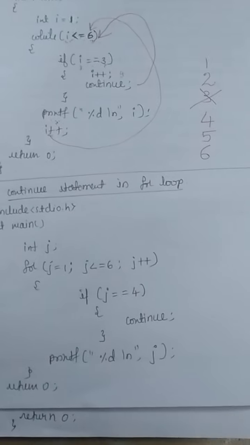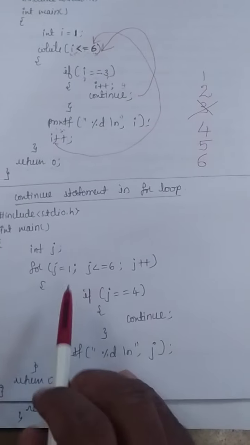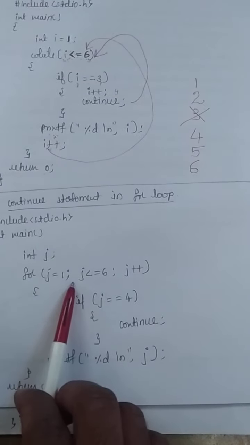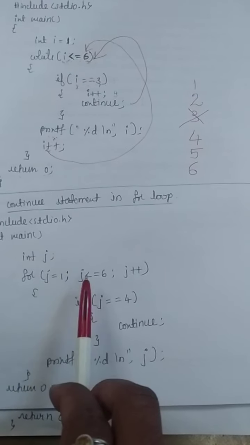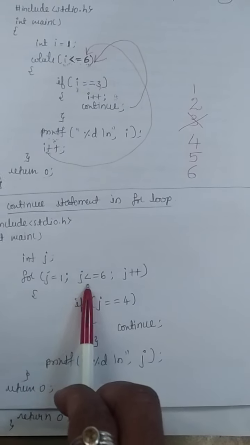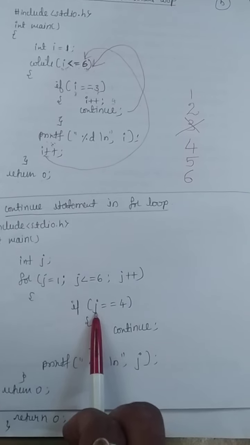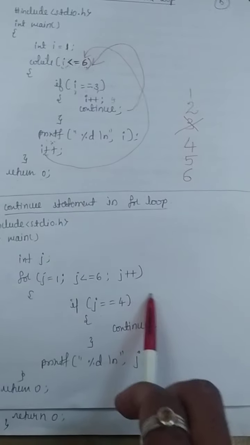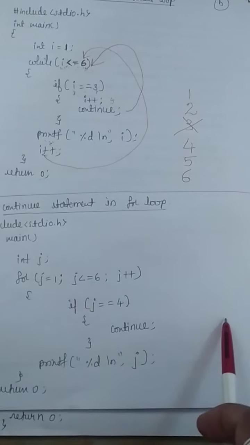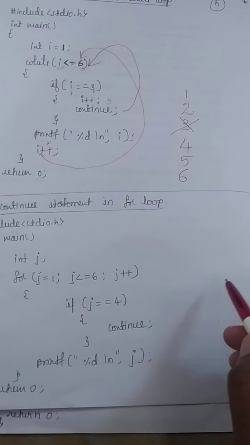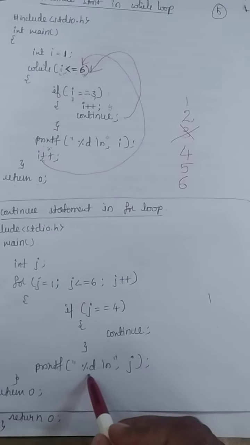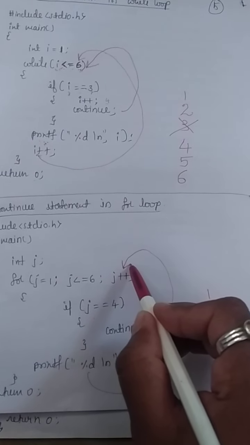Same way we are taking a for loop and continue statement here. The same thing happens here also. j is equal to 1, it means the initial value of j is 1. Whether j, 1, is less than or equal to 6, yes, condition true. Come here, compare here. Whether 1 is equivalent to 4, false. False means print the j value. The j value prints here. Then the control will go back to j++.